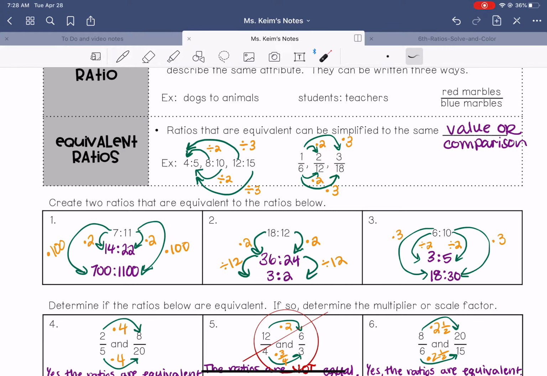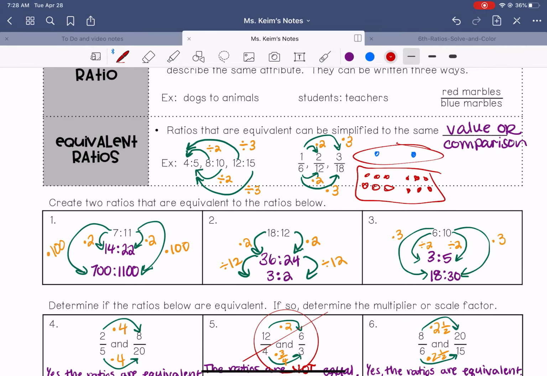We just have two groups of it. We have one for this 6, and then we have another group of 1 for 6. Altogether, that's 2 for every 12. So once again, it's not about what the actual numbers are, it's about the relationship between them.